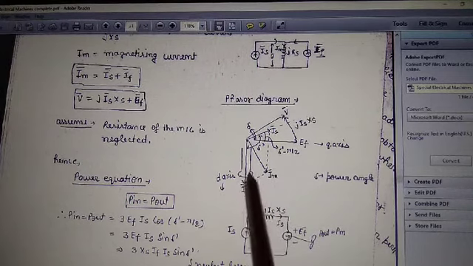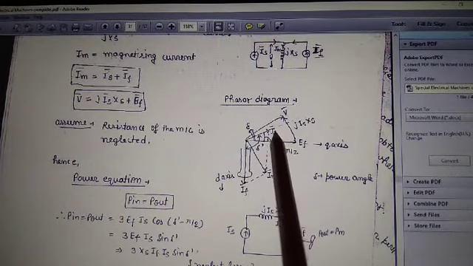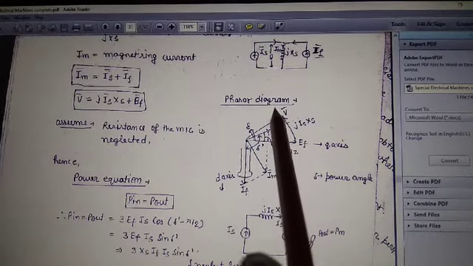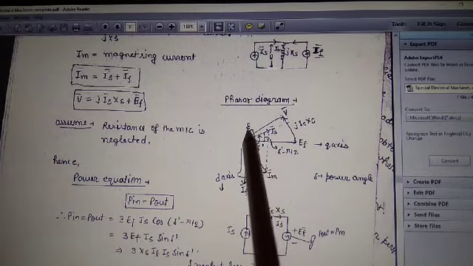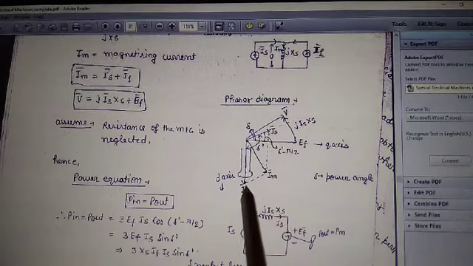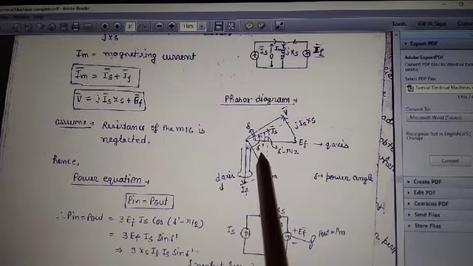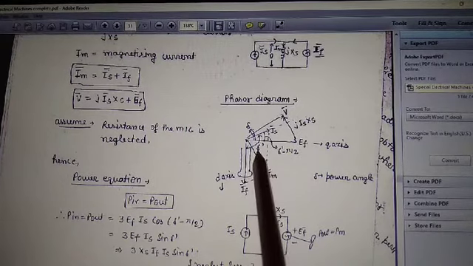The resultant sum of these represents the IS source. The angle between the terminal voltage and EF is called the torque angle delta, or power angle delta, and the angle between IS and IF is delta prime.